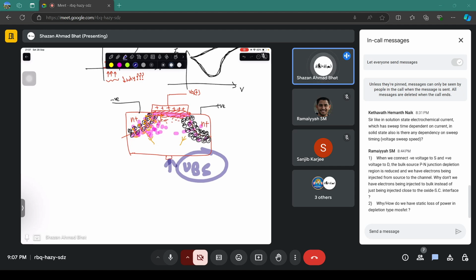You just want it to be empty, so that if anything is present at the drain to source terminal, it will not conduct if there is no conductive pathway. And that is controlled by the gate voltage. That is why gate voltage is necessary in order to induce the channel.